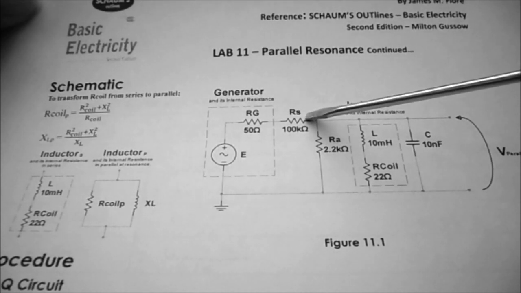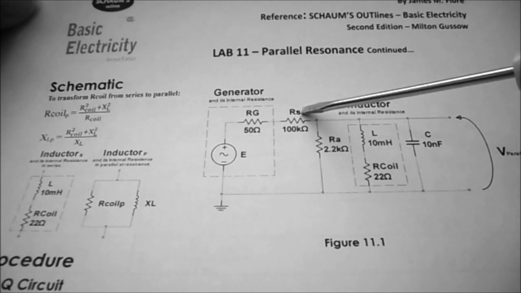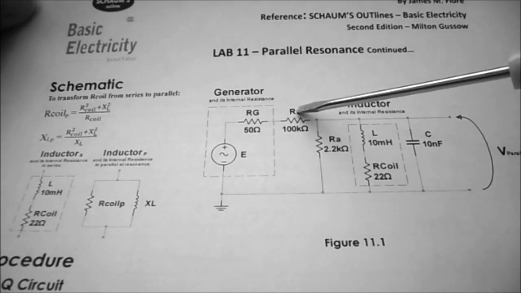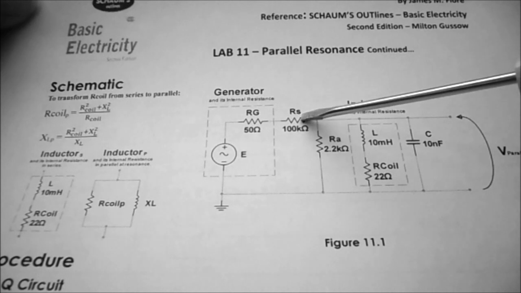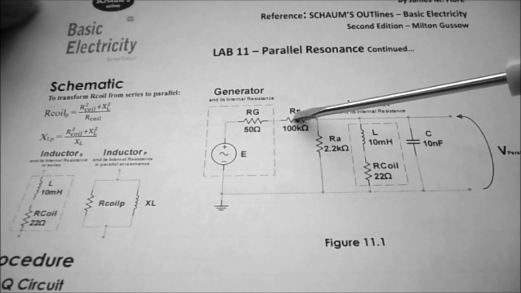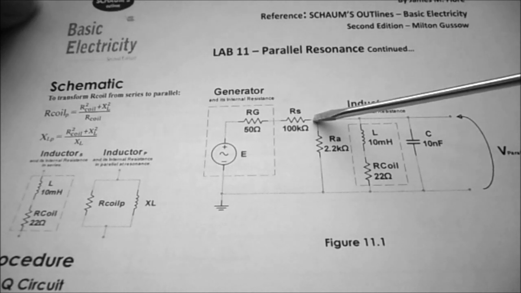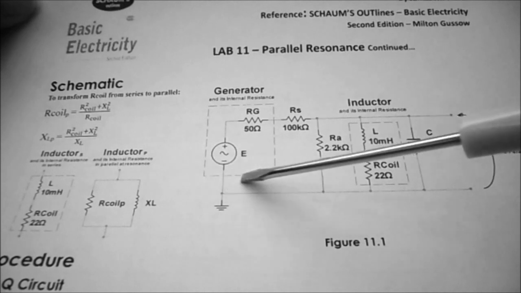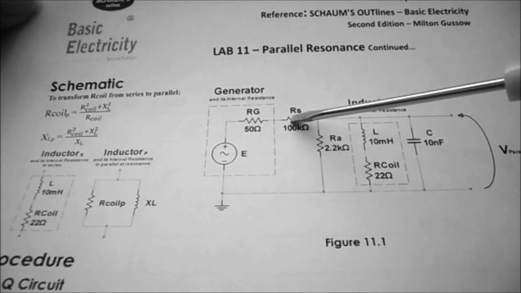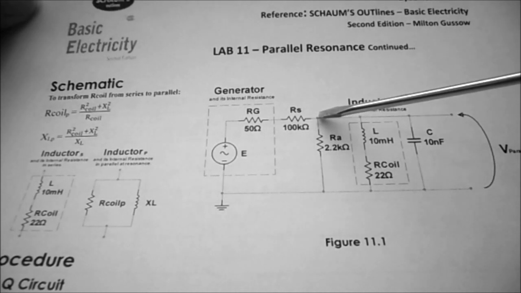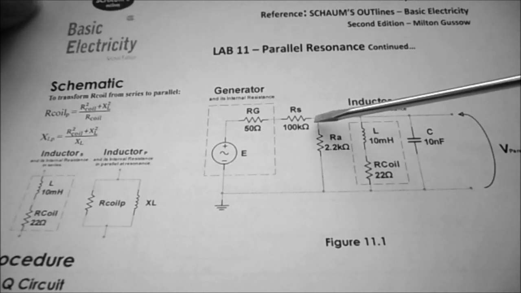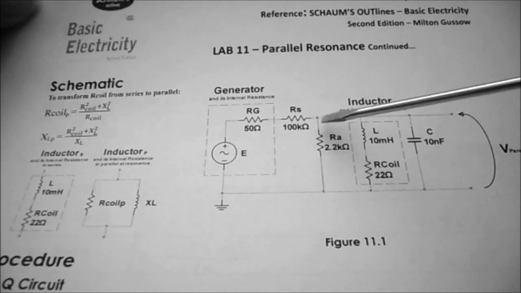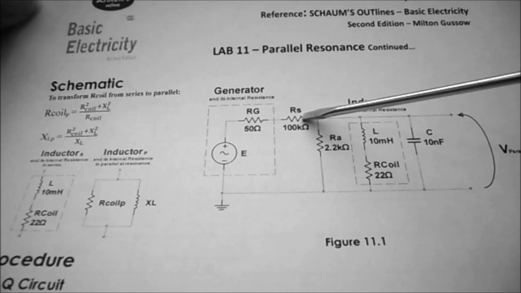The next component we have is RS, which is a 100 k ohm resistor. So with a 100 k ohm resistor, our whole voltage-based power supply is going to become a current source, because whatever we connect to the 100 k ohm resistor is going to be insignificant compared to it.